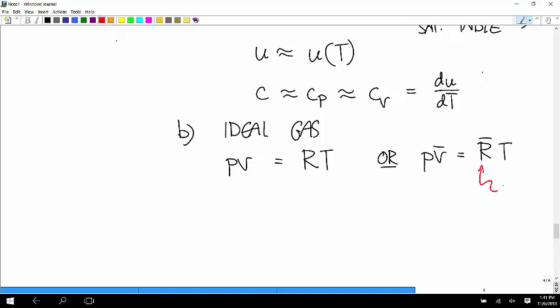R bar is the universal gas constant, so that's the appeal of that one. R is specific to whatever material you're looking at, and it's equal to R bar over the molar mass.